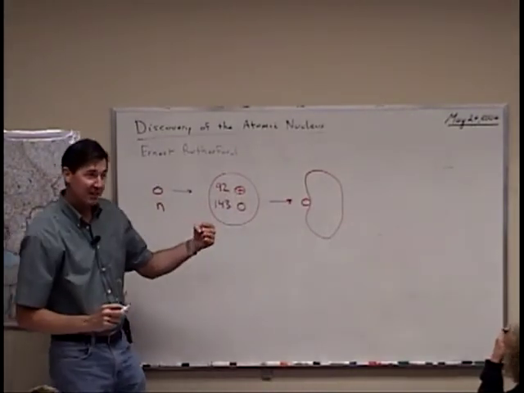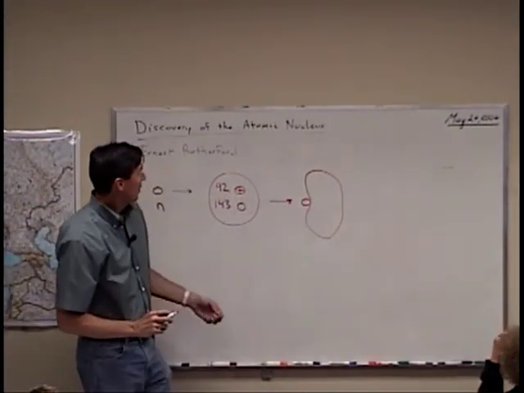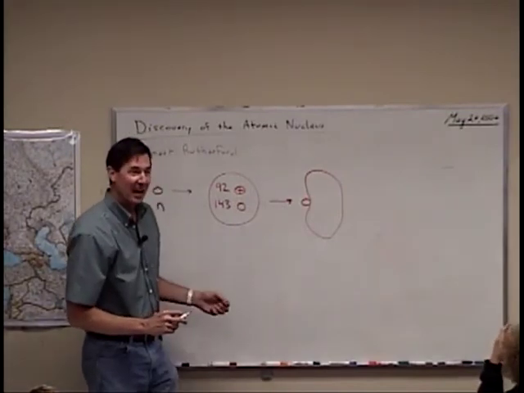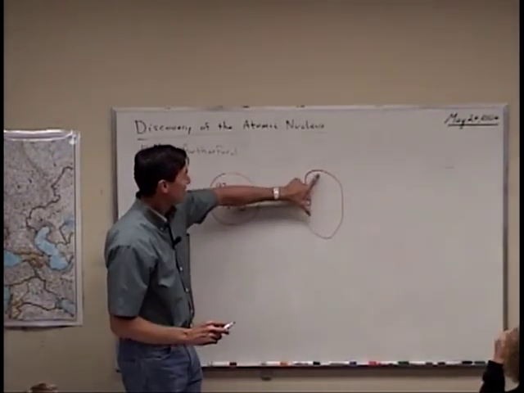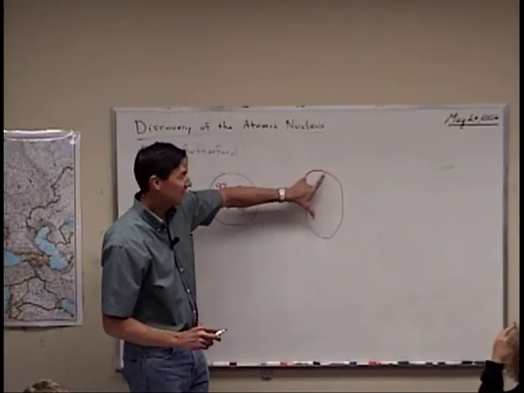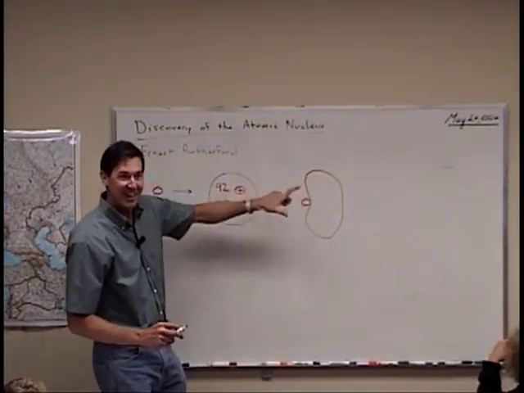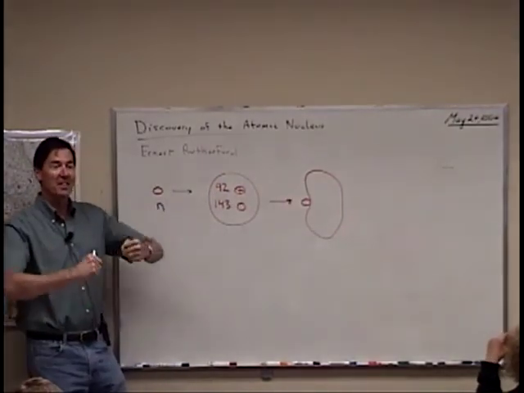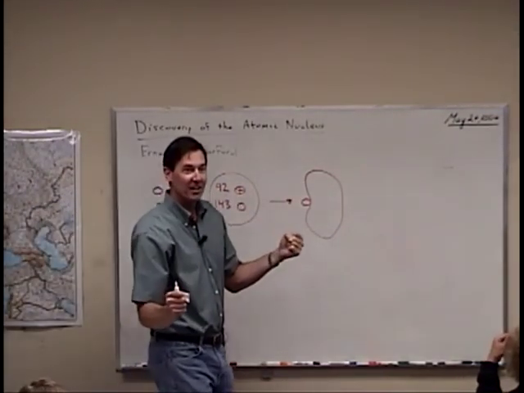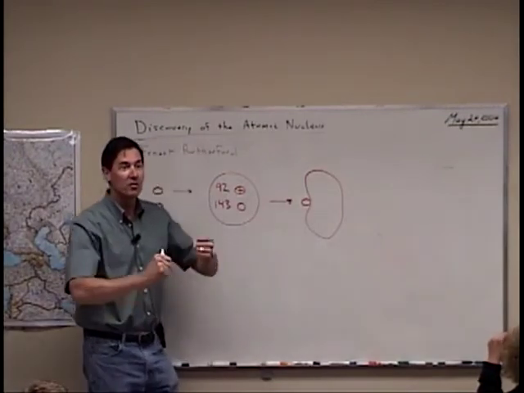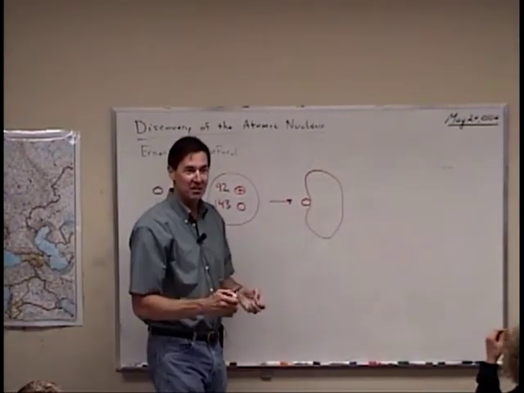Whacks into it. Now, what's happened? Some of these protons now have gotten further apart as a result of this collision. Suddenly the electrical repulsive forces are too big compared to the nuclear attractive forces.